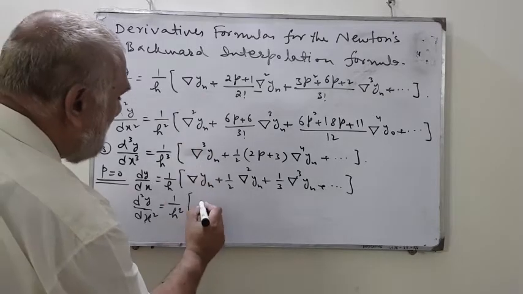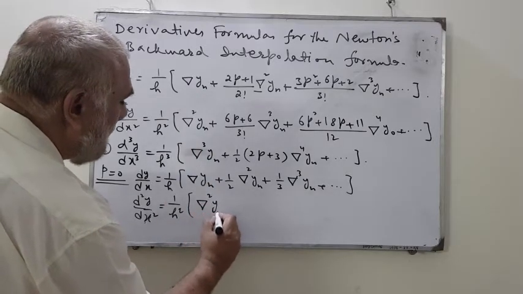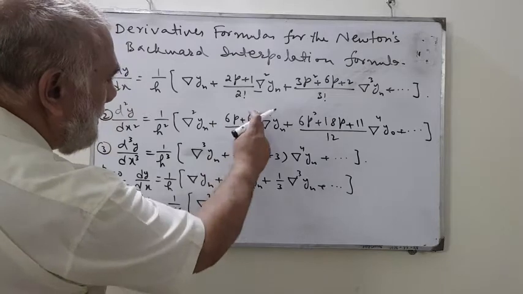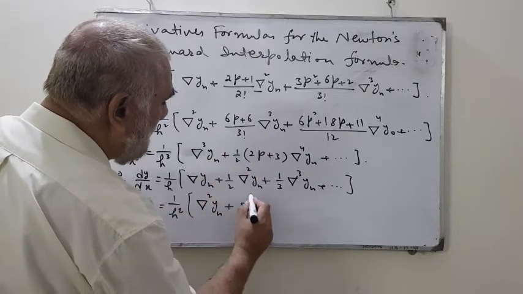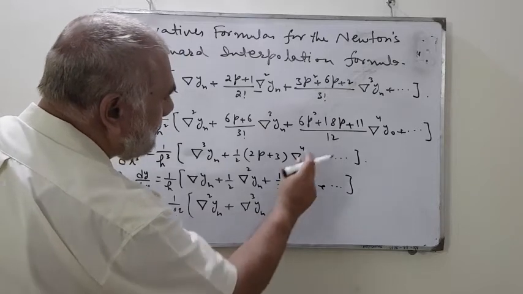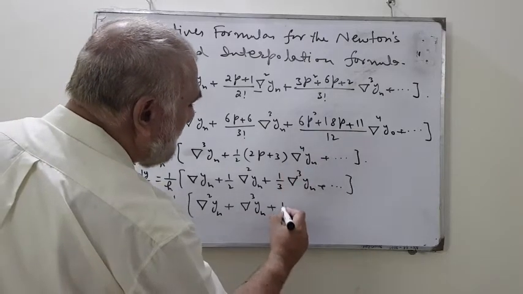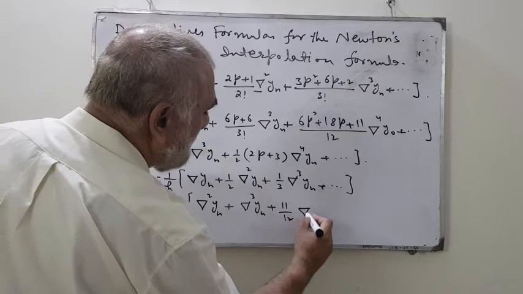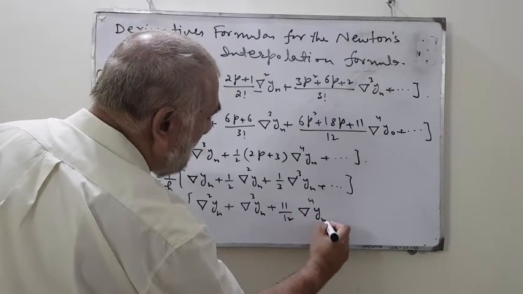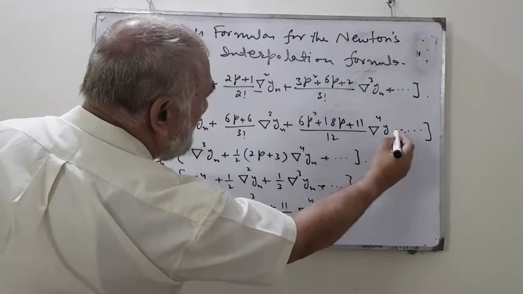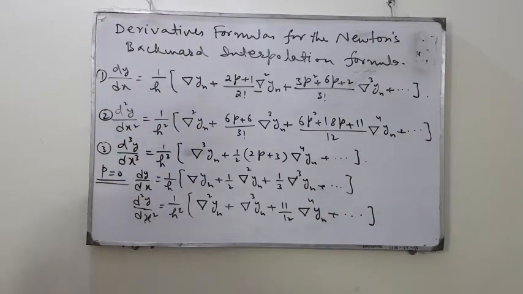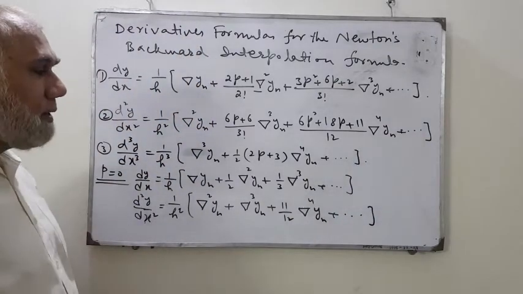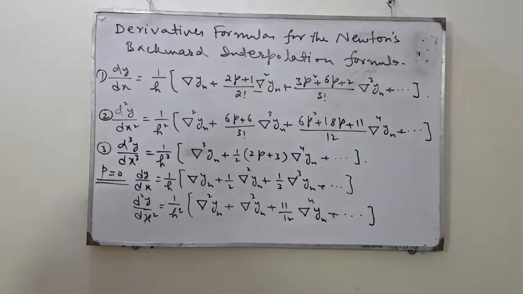Inside this is nabla 2yn, and from here 6 over 6 gives you 1, so the result is nabla 3yn plus, over here, 11 by 12 nabla 4yn, and so on. Note this is n here, not 0. So this becomes your second derivative formula when p is equal to 0.